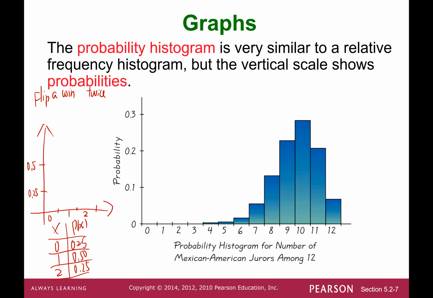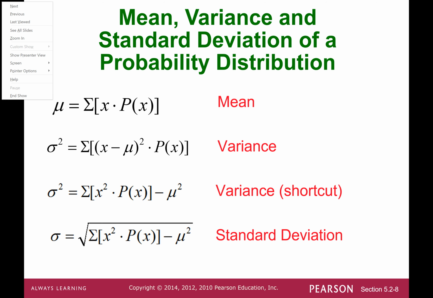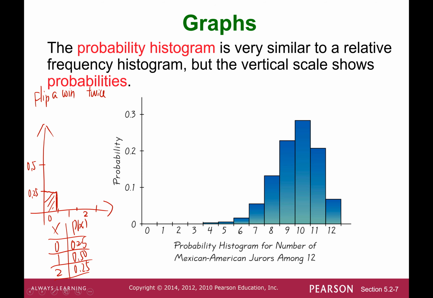The first one is a rectangular box like that. The second one is a rectangular box with the maximum probability. The third one is a rectangular box.